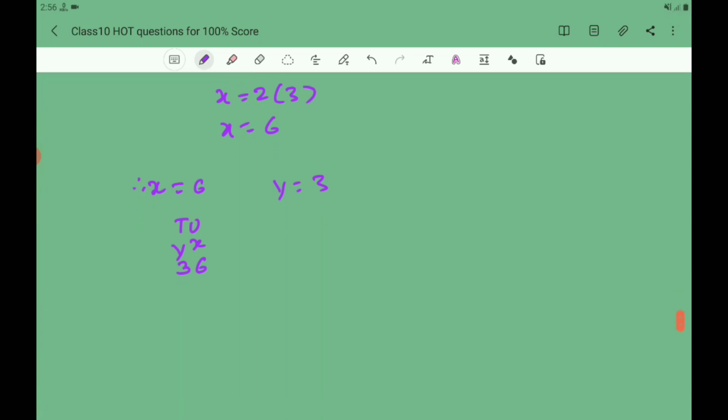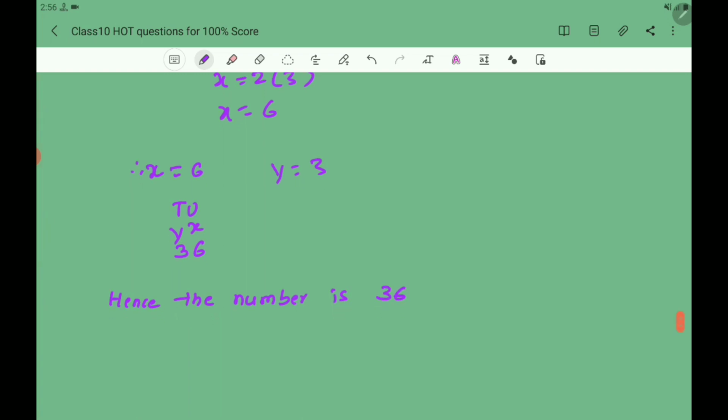Hence the number is 36. If you reverse it, it becomes 63. And you know that 7 times the 2-digit number, 7 into 36: 7 sixes are 42, 7 threes are 21, plus 4 is 25, so 252.